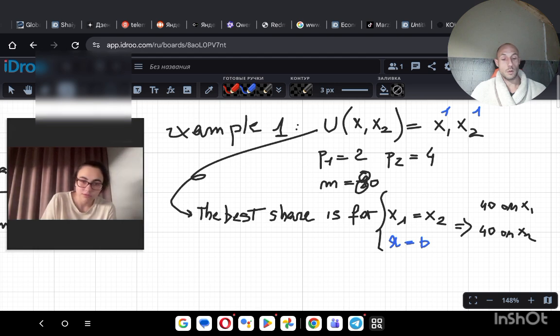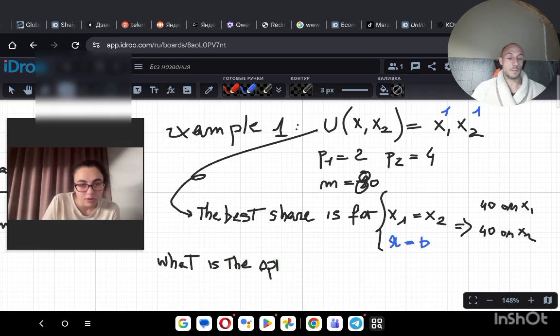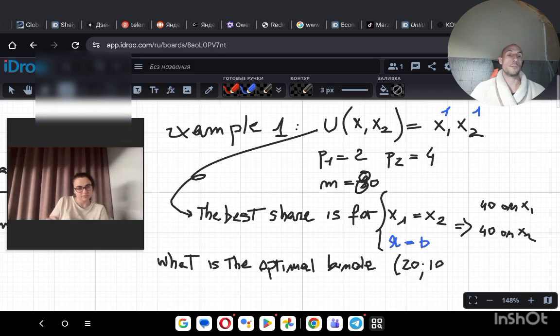So x1 is 40 divided by 2, 20, and x2 is 40 divided by 4, 10. So what is the optimal bundle? 20 and 10. Very good.